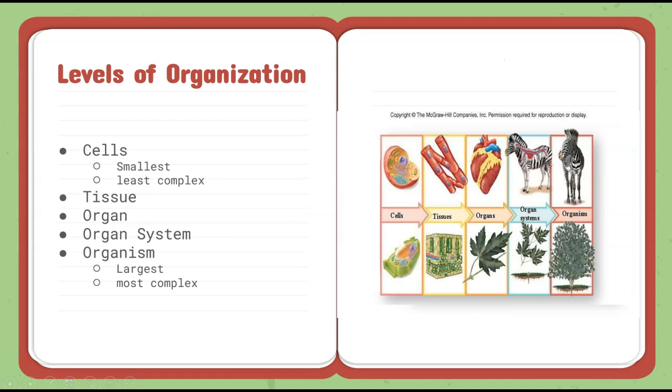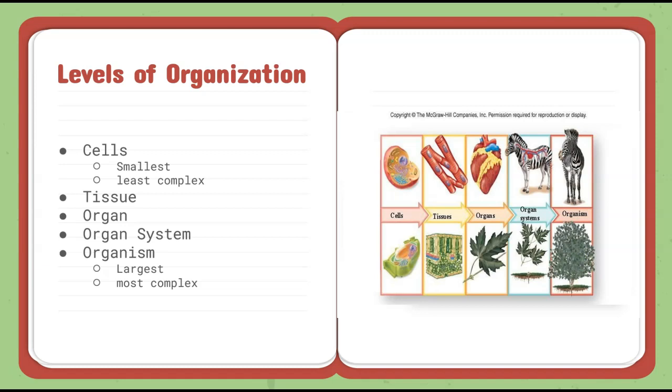So without further ado, let's start off with a little bit of review of the levels of organization from before Thanksgiving break. I know it's been a week, and if you're like any other middle schooler, you will have forgotten everything, basically. So let's just quickly review. The smallest and simplest form of organization that we are talking about is the cell.